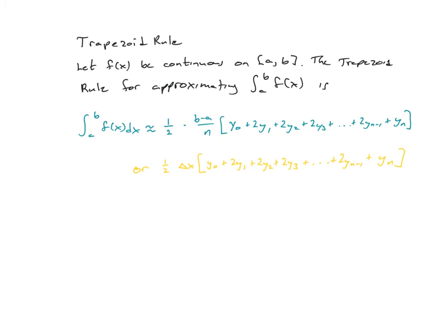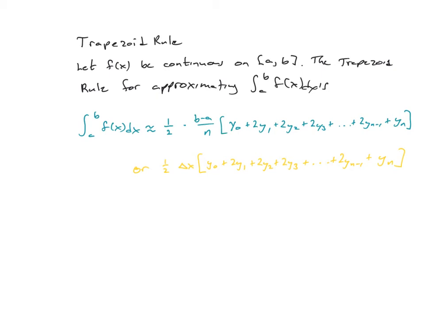And that rule states that we're going to let f of x be continuous on the closed interval from a to b. The trapezoid rule for approximating the integral from a to b of f of x dx equals 1/2 times b minus a over n, because we're going to use n as the number of trapezoids.